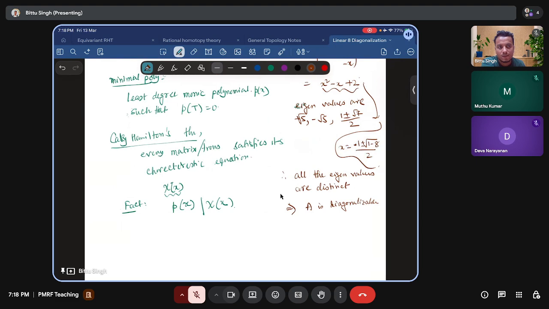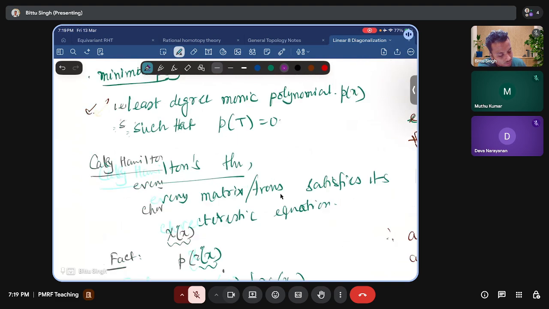For example, the identity is a diagonal matrix, but its minimal polynomial is simply x minus 1. Let me include this example.